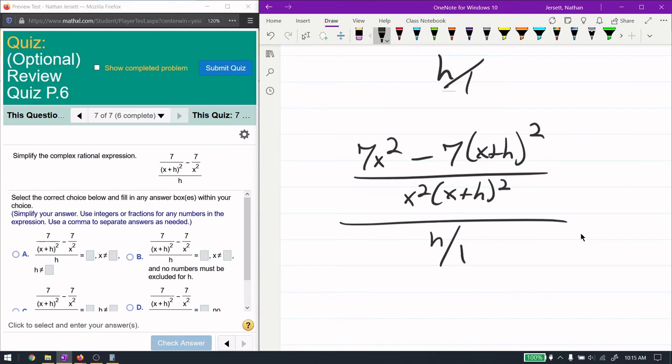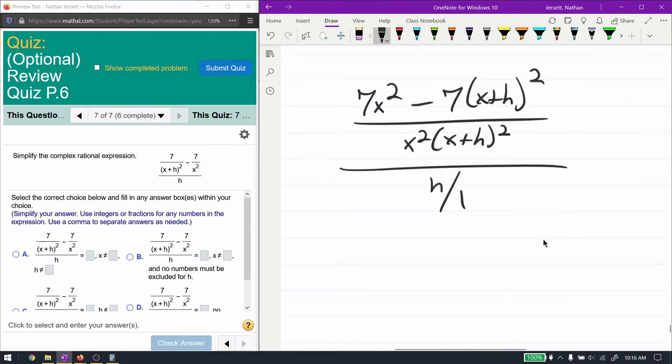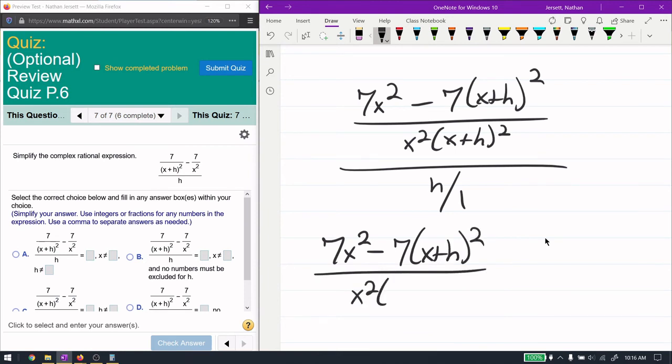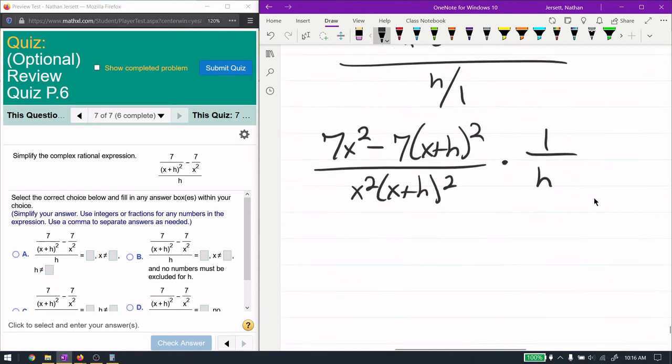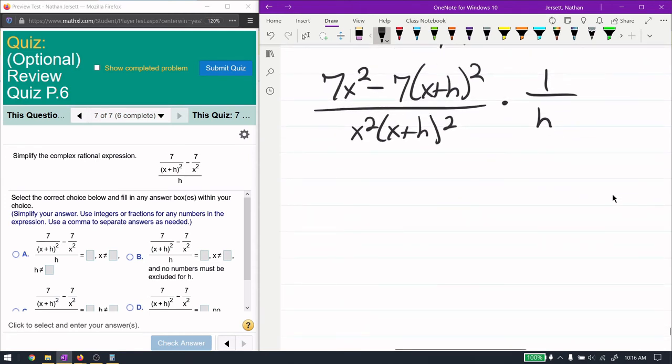And now we have two fractions that are dividing. So I can rewrite this as multiplication times the reciprocal of the denominator, which is that. Now I can simplify it all to hopefully get something that can cancel.